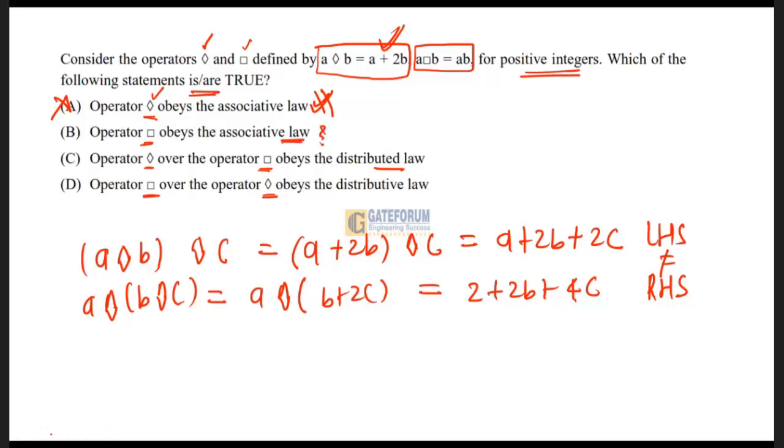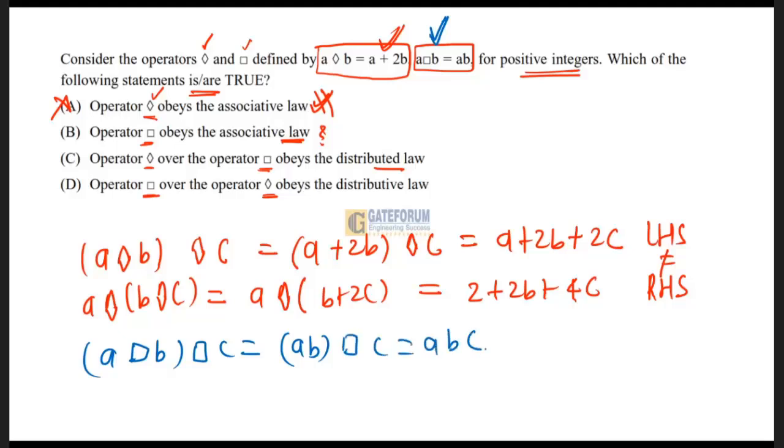Okay, so let's check option B for associative law. Rectangle means I need to follow this rule. A rectangle B, rectangle with C, equal to AB rectangle with C, that is ABC.